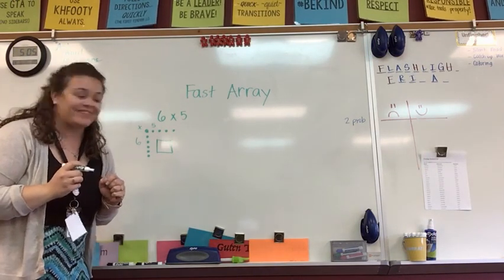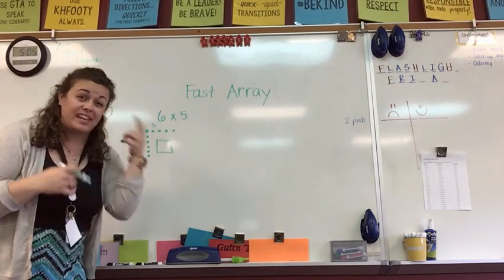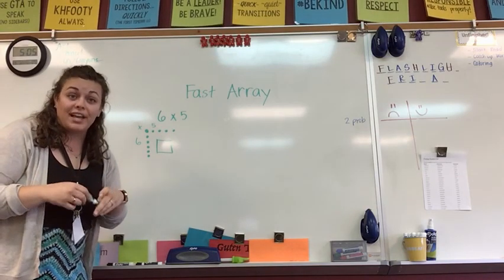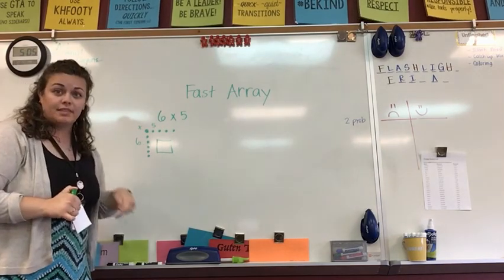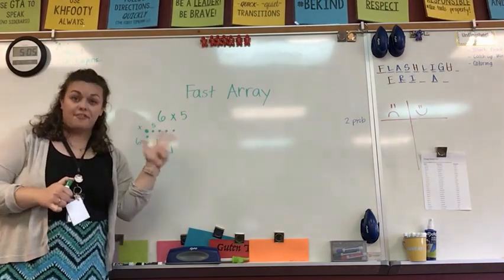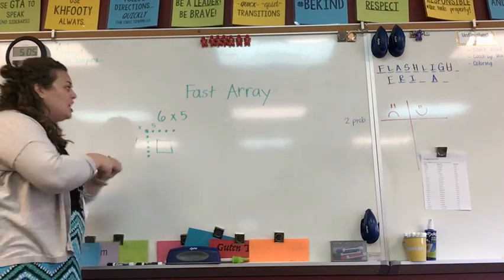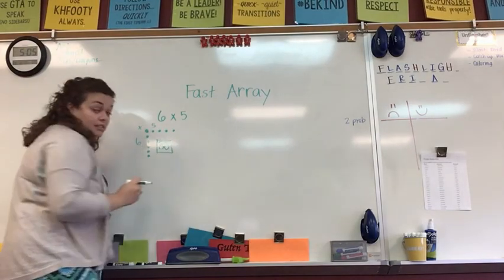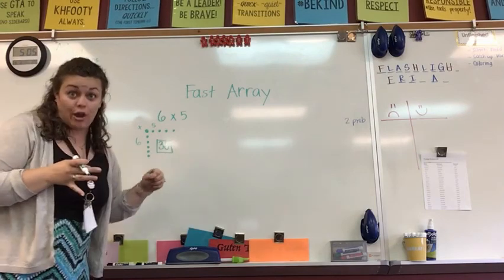Sound good? I know 6 times 5. That's a fast fact for me already because I've been practicing my 5s. But you can also count by 5, so we'll go ahead and do that really quickly here. I'll count by my 5s 6 times. 5, 10, 15, 20, 25, 30. It's so much easier for me to say there's 30 students by writing the number 30 than it is for me to draw out 30 dots.